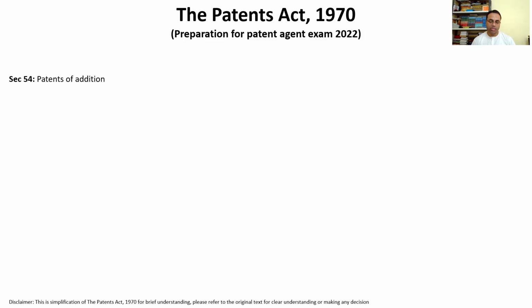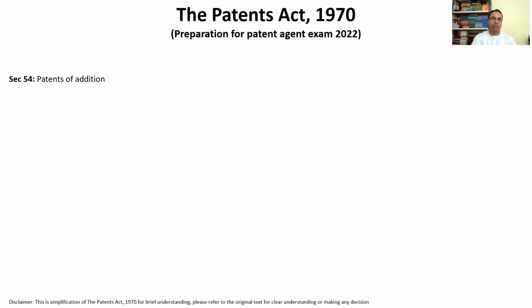Section 54 says, subject to the provisions contained in this section, where an application is made for a patent in respect of any improvement in or modification of an invention described or disclosed in a complete specification filed, so that we call the main invention, and the applicant who applies or has applied for a patent for the invention is the patentee in respect thereof, the controller may, if the applicant so requests, grant the patent for the improvement or modification as a patent of addition.